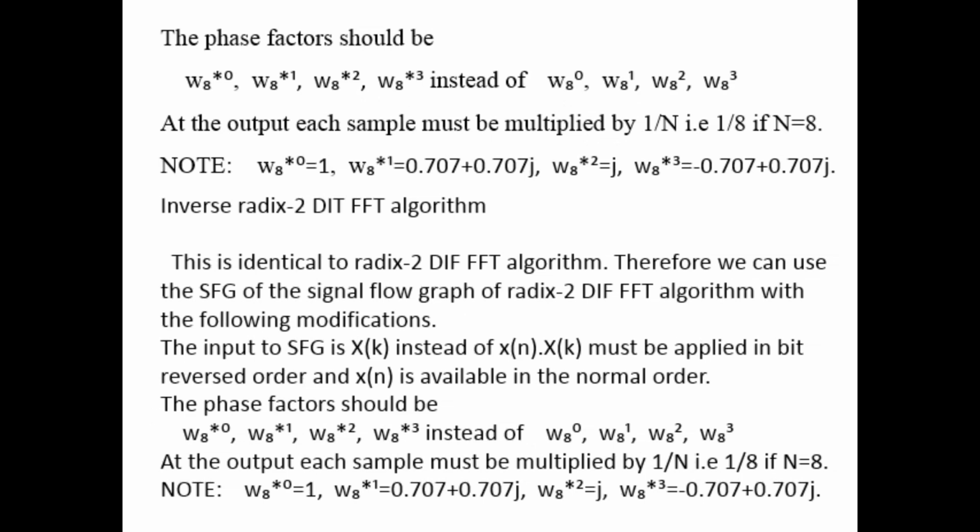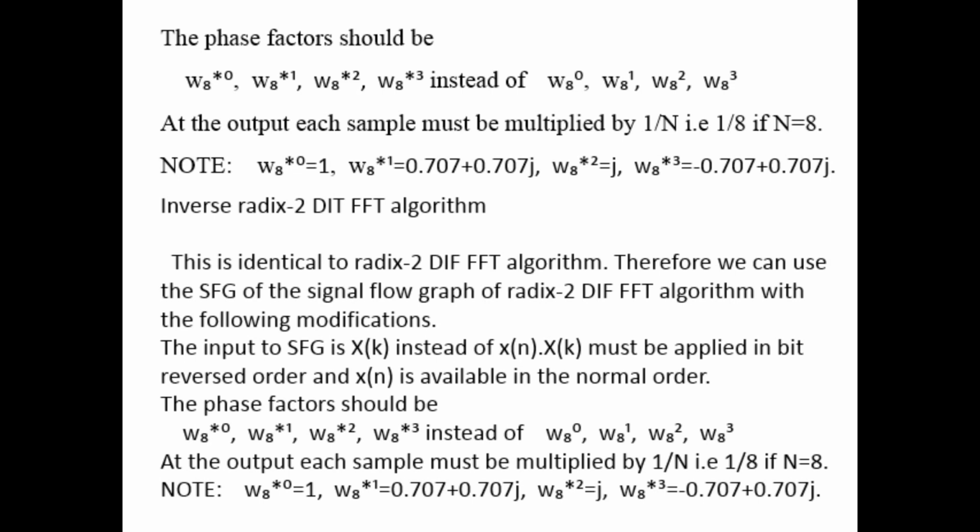The phase factors should be omega N of star 0, omega N of star 1, omega N of star 2, omega N of star 3 instead of omega N of 0, omega N of 1, omega N of 2 and omega N of 3. At the output, each sample must be multiplied by 1 by N, that is 1 by 8 if N is equal to 8.